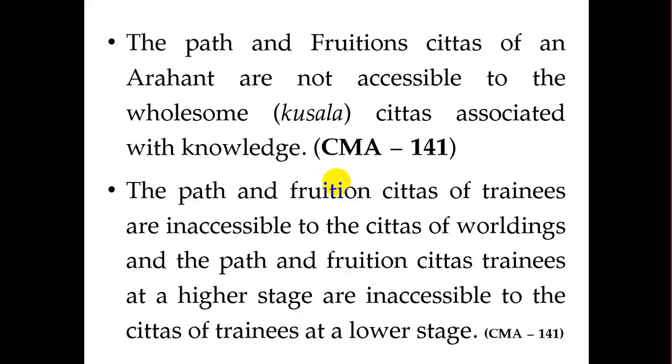Also, the path and fruition chetas of trainees at a higher stage are inaccessible to the chetas of trainees at a lower stage. The mind of a Sotapanna cannot take the object of Sakadagami Magga Phala or Anagami Magga Phala, right? Also, the cheta of a Sakadagami cannot take the object of Anagami Magga Phala, because they haven't attained it yet.